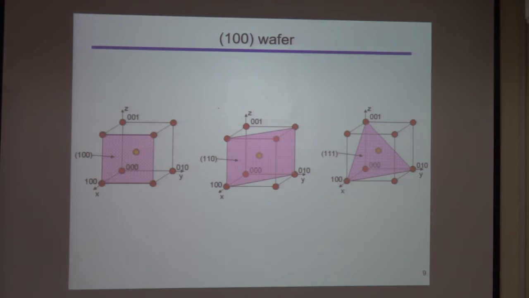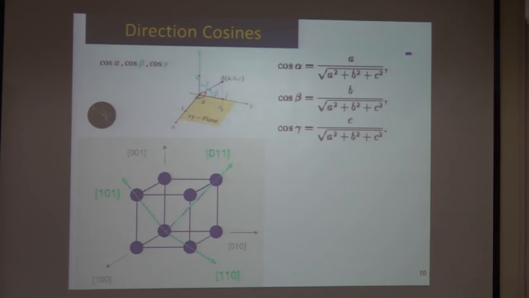And for the 1 0 0 family, we have -1 0 0, 0 1 0, 0 -1 0. And for the 1 1 0 family, we have -1 -1 0, 0 -1 1, 0 1 1. So they are the same. So there are only 3 atom surfaces. Okay, next page.